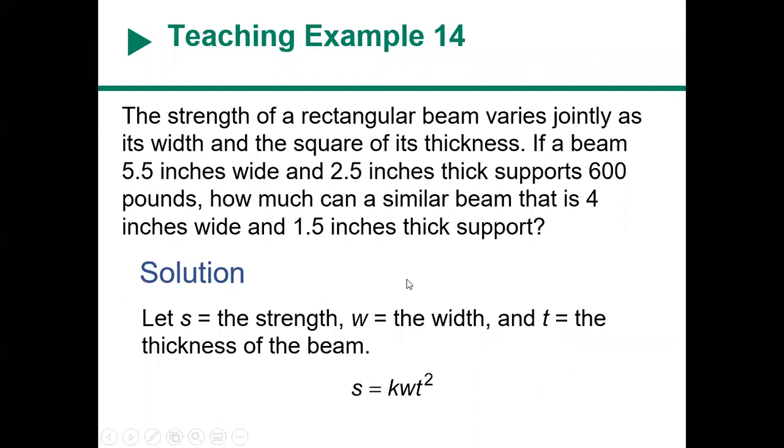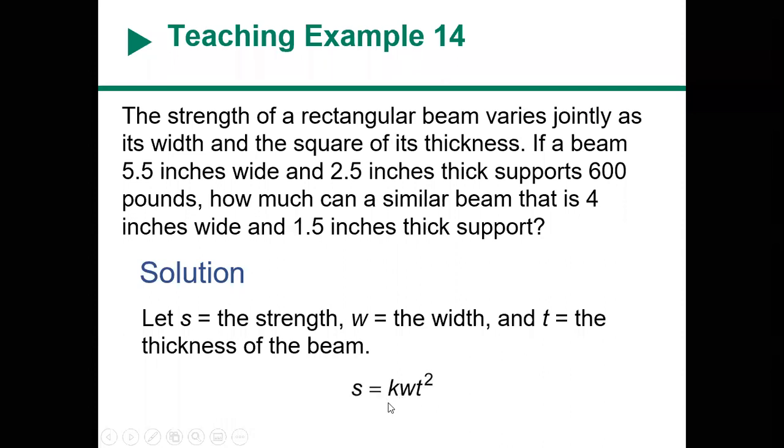Go backwards. So again, taking this problem, it was a joint variation, okay? That lets me know that I have S equals, jointly means I'm multiplying. So varying jointly, I'm multiplying these three, and K is my constant.